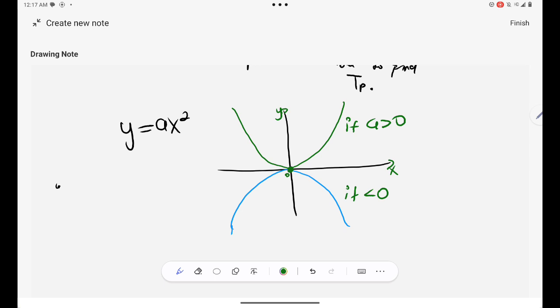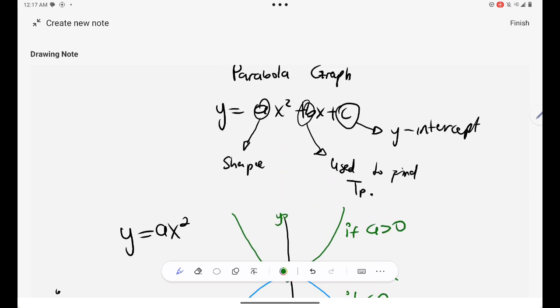Are we together? So I can conclude that, since for me to have the addition of the bx and the c, it simply means that I have translated my graph both horizontally and vertically.